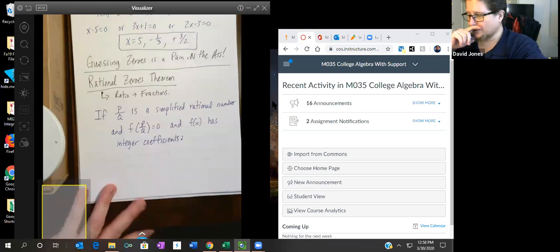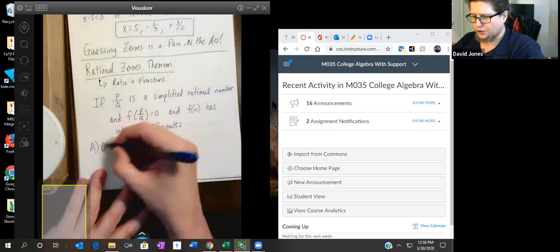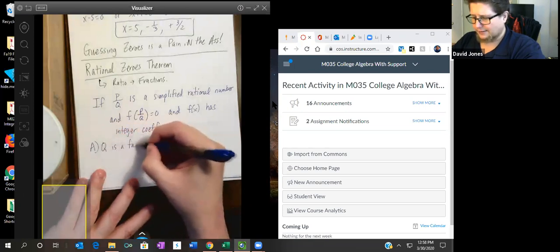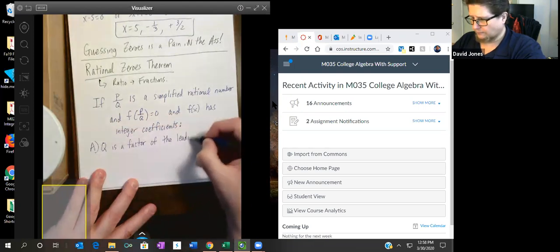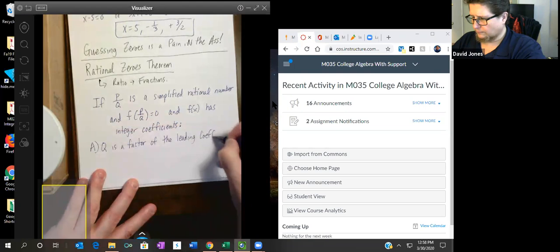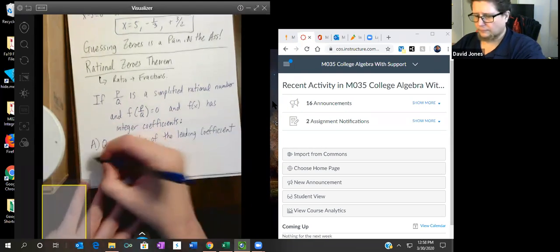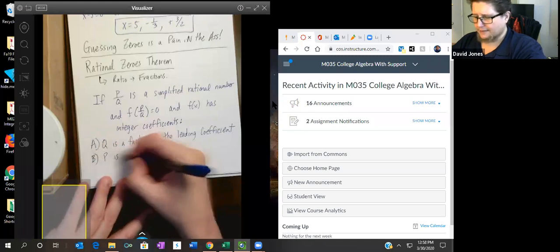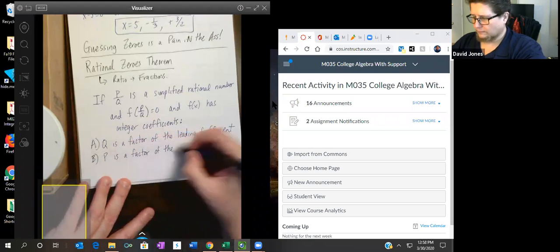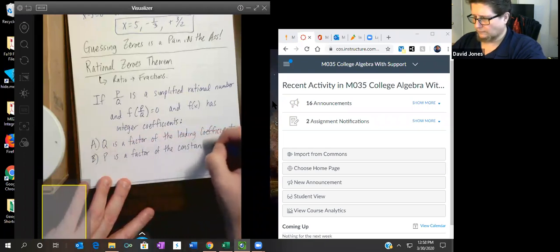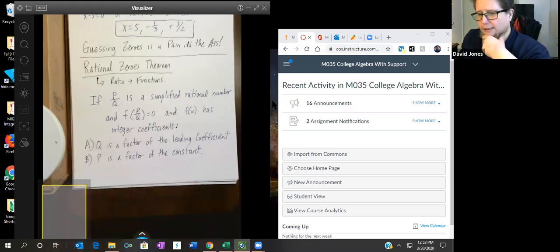It tells us two things. A, Q is a factor of the leading coefficient. And B, P is a factor of the constant. Now I'll let you soak that in, and then we'll do some more with it.